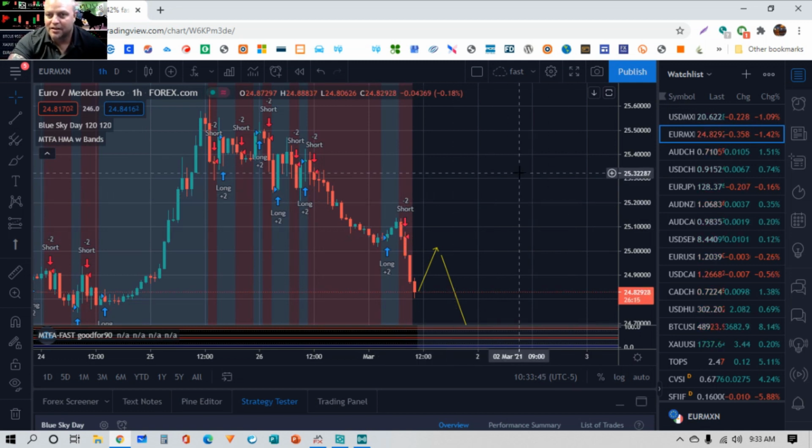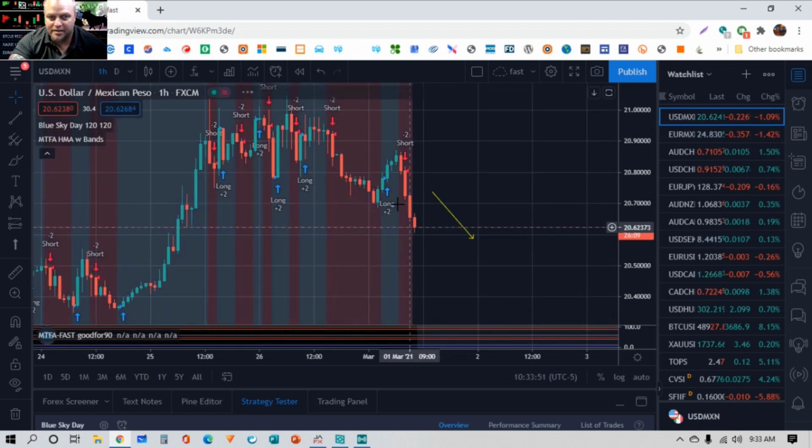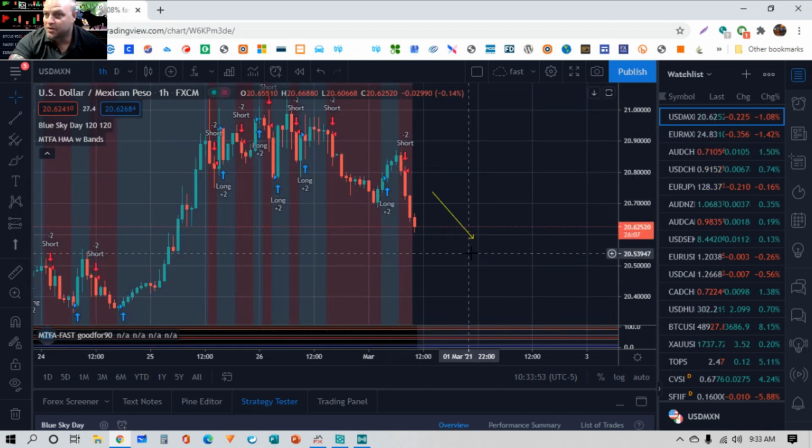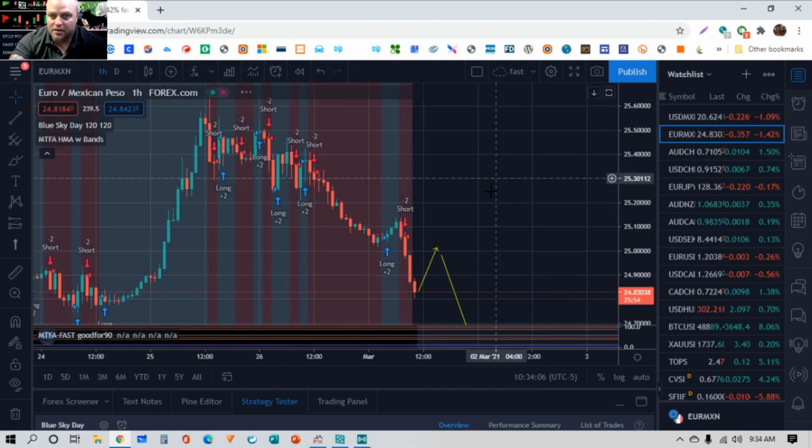If you notice one's going down and this little candle forms, the other one over here may not have had the same pattern right in there, but you know it's going to do it. Just a little secret I've learned, but I do trade US Mexico currency a lot. Europe and Mexico I've traded quite a bit.